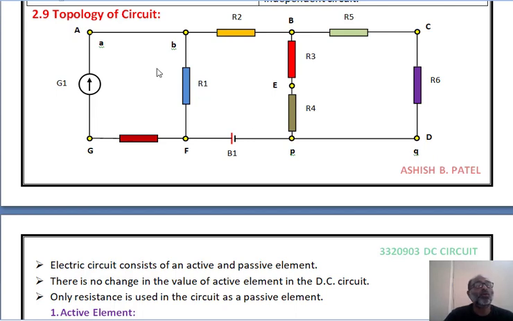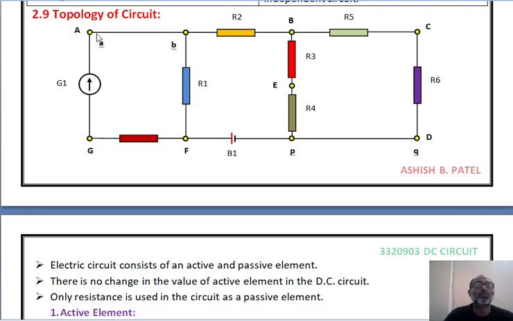Now next, what is a loop? Any closed path in the network is called a loop. You can say here first AFGA is a loop.